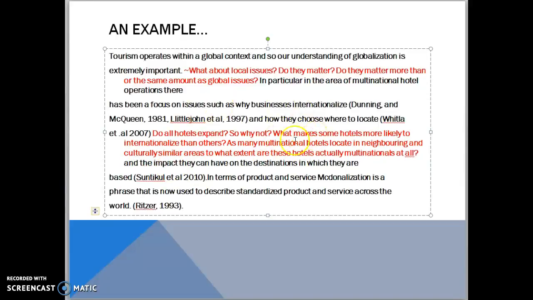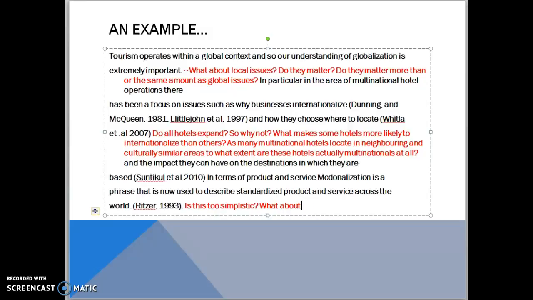I'm bringing the student into more difficult discussions, which will allow them to give more depth of analysis and depth of discussion. And let's look then at this last one here, McDonaldization. This is obviously a really interesting area that could lead to a whole essay in itself. But we need to think a little bit more. Is this too, sorry, I'll just put it in red again so you can see it, is this too simplistic?